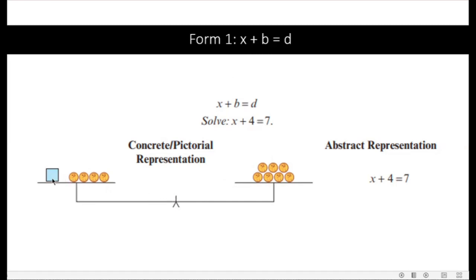So we have the unknown box and 4 points on the left side, while on the right side of the scale we have 7 points. For the abstract representation, we have x plus 4 equals 7. The blue box represents the unknown letter x.